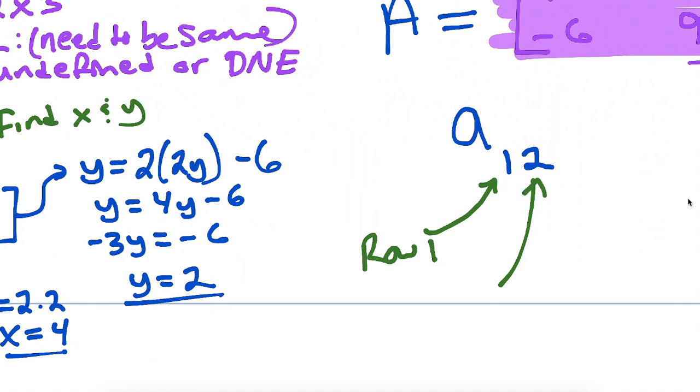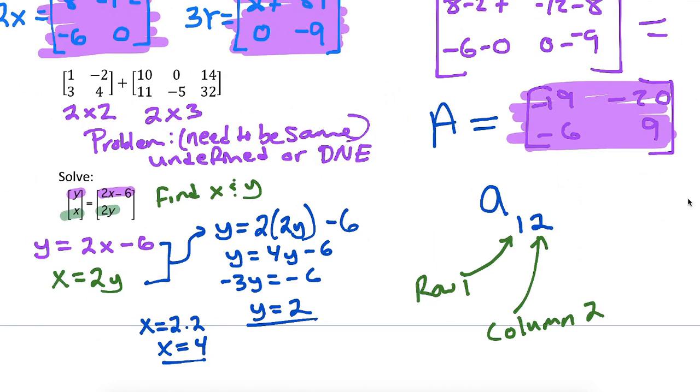This is column 2. So row 1, column 2 in this matrix is negative 20. That's going to be an important piece if they ask you to tell me what A, 1, 2 is. That's something you're going to have to do.